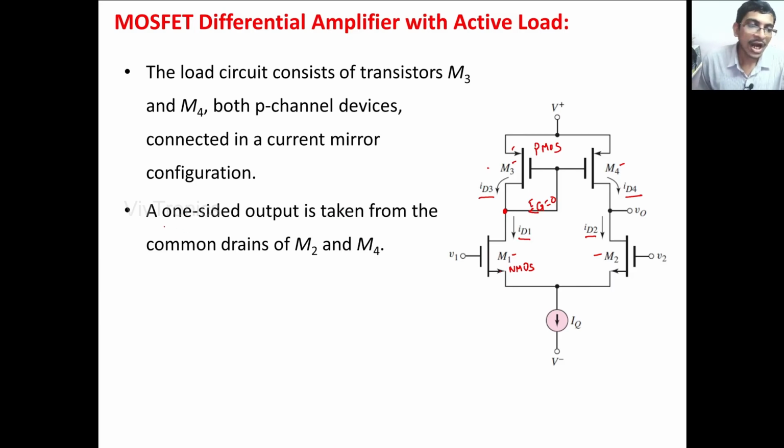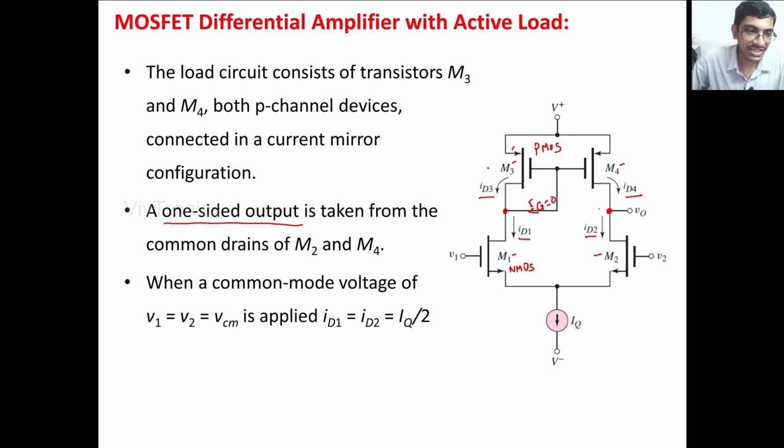Here the output is one-sided, which means that we take the output across only one transistor's drain terminal. Here we take the output voltage across the M2 drain terminal. The drain terminal of M2 is common with M4, both drains are joined, and at this terminal we take the output voltage.